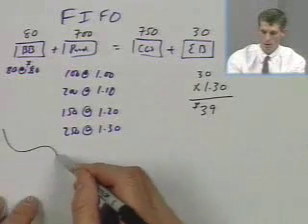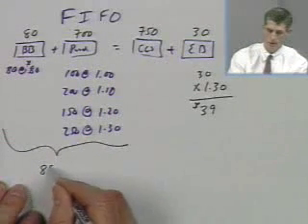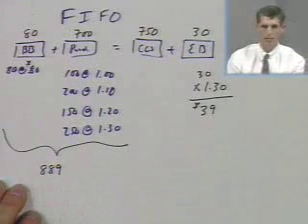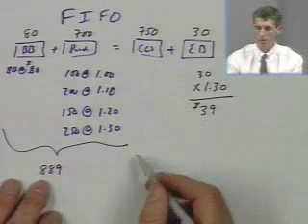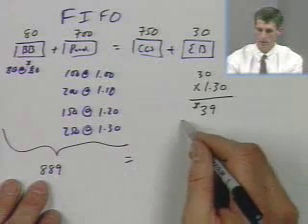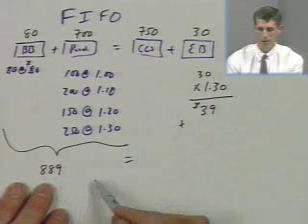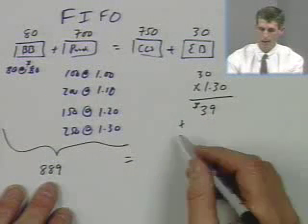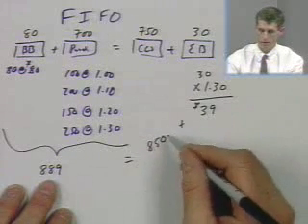Now we know the total cost available was how much? $8.89. We calculated that earlier, right? And therefore, cost of goods sold has to be equal to what? $8.89 less 39 is $8.50.